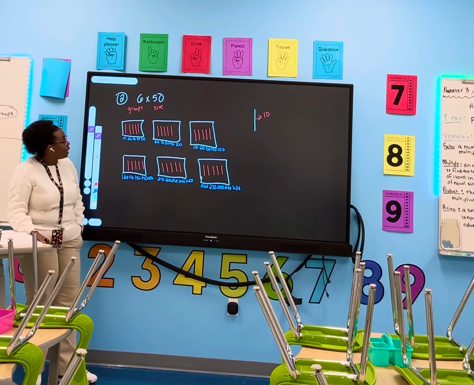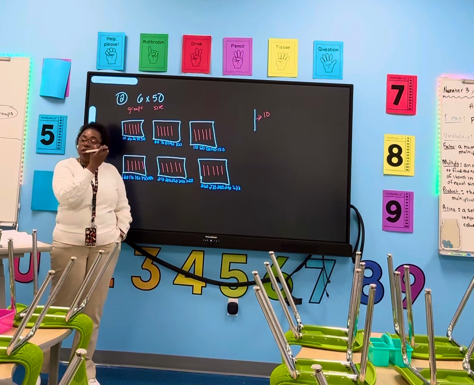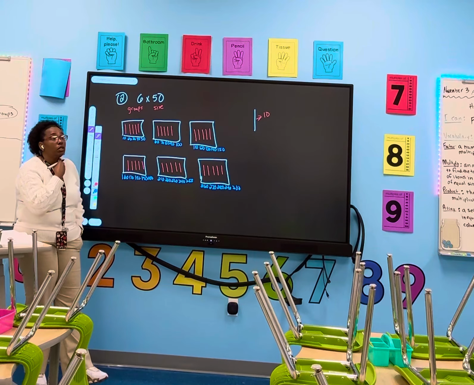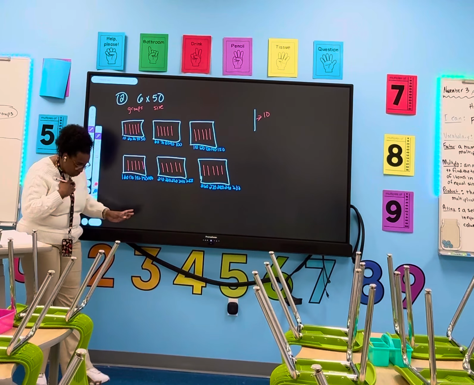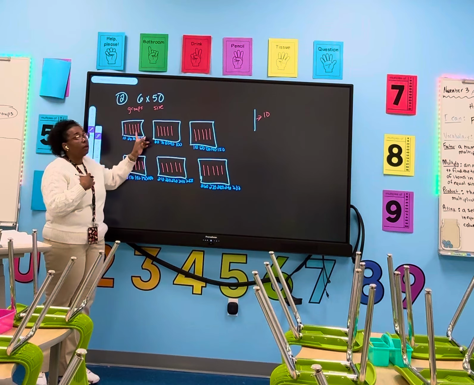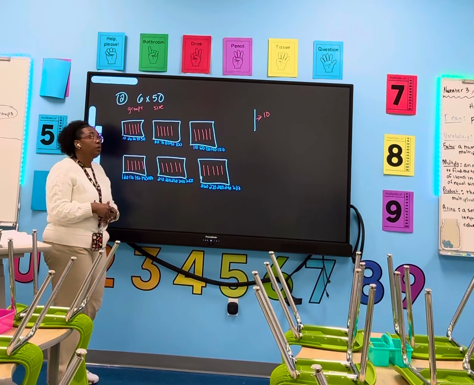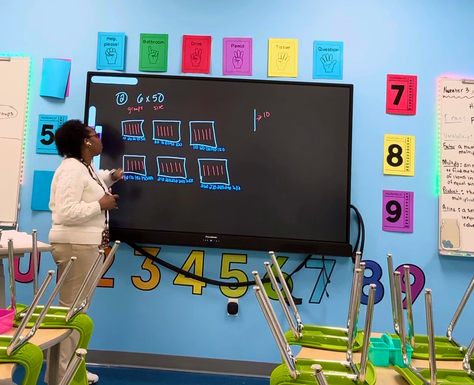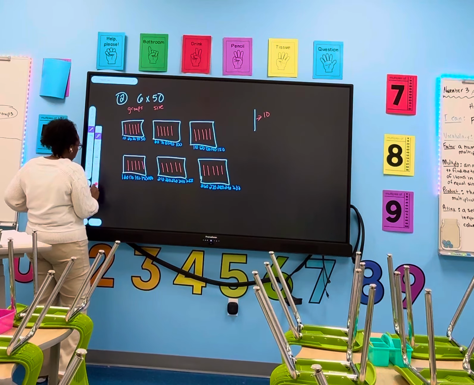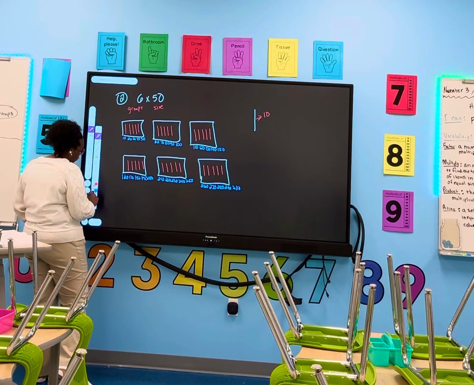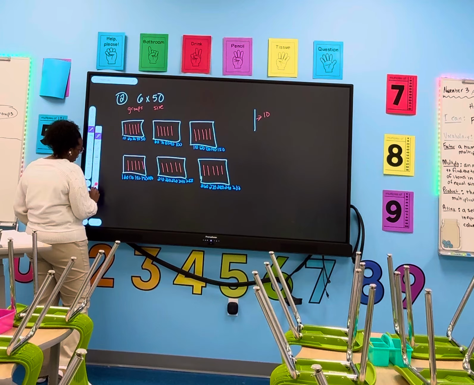I know it's kind of small for you to see, so you don't have to write that skip count underneath. You can just skip count as you go along. But there's another skip count you can do, because I know that each of these has 50 on the inside. Then you can put your 50 on top.